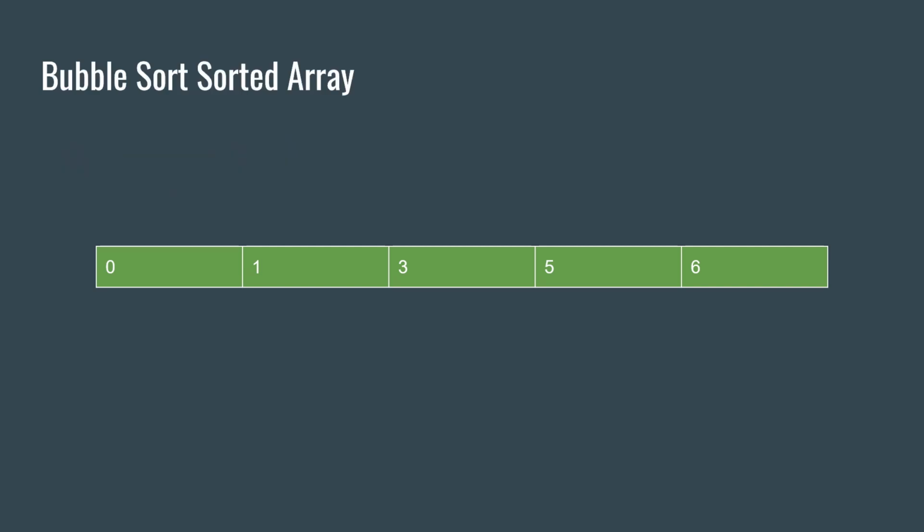After 4 passes of the bubble sort algorithm, we have our sorted array.